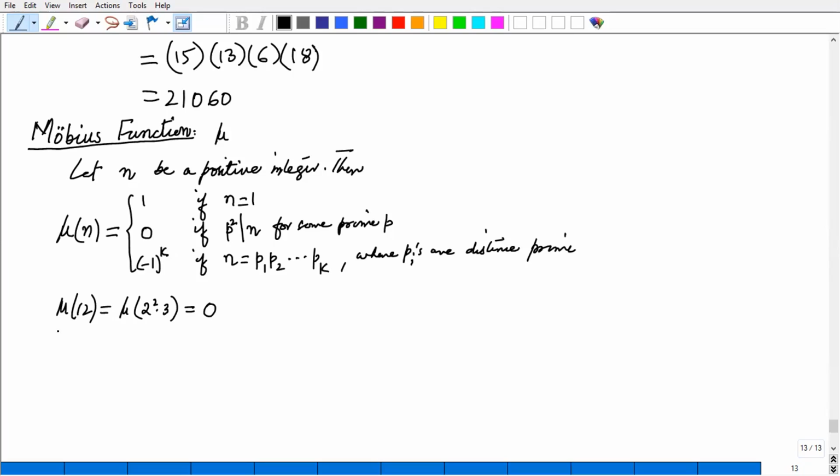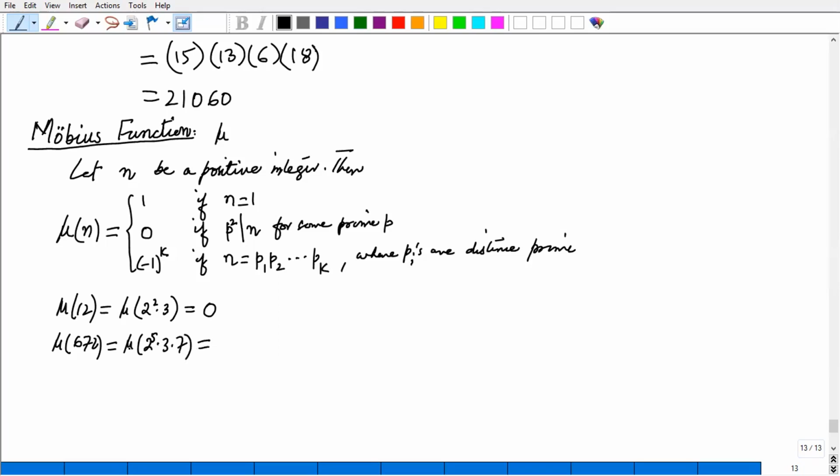Similarly, if we have 672, 672 can be written as 2 to the power 5 times 3 times 7.